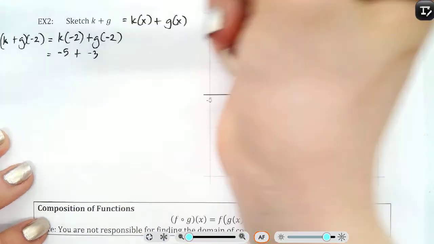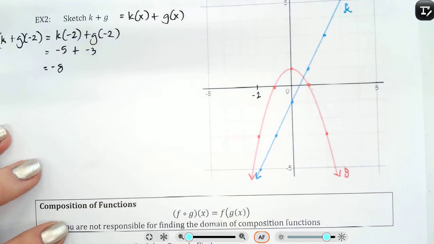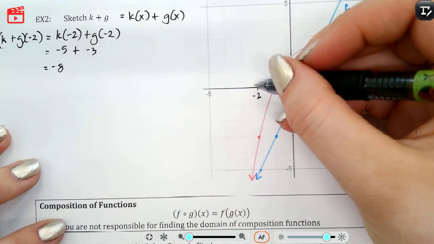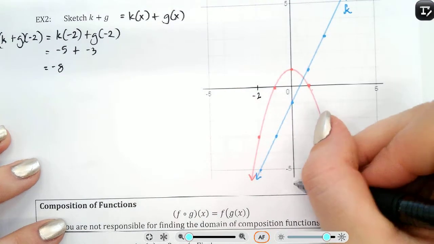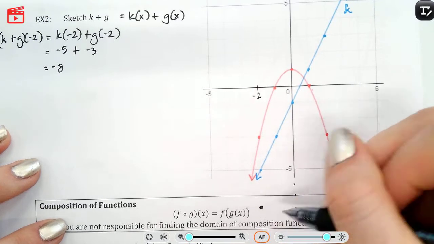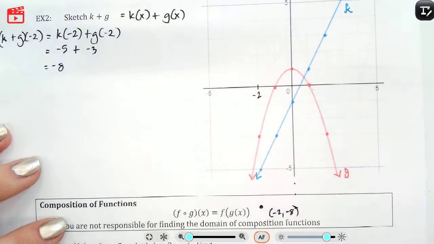So adding those, that's going to be -8. So my new value, k plus g of -2, is -8. So -2, we're going to go with -8. Ooh, 5, 6, 7, 8. It's down here. That's going to be -2, -8.